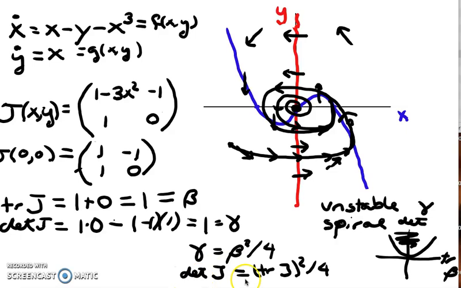So this I said compared with. This equality is determining the location of this parabola. And since above the parabola you have the spiral solutions, you would want to compare the determinant with the size of the square of the trace divided by 4 to determine whether a solution was a spiral or not.